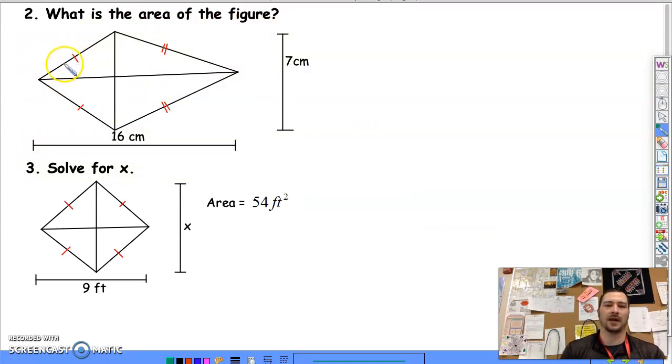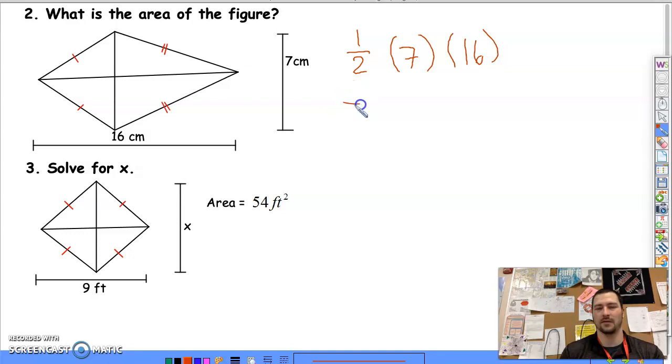We multiply our diagonals and then multiply by 1/2. This diagonal has a length of 7, and this diagonal has a length of 16. When we multiply all those out, we get 56 centimeters squared.